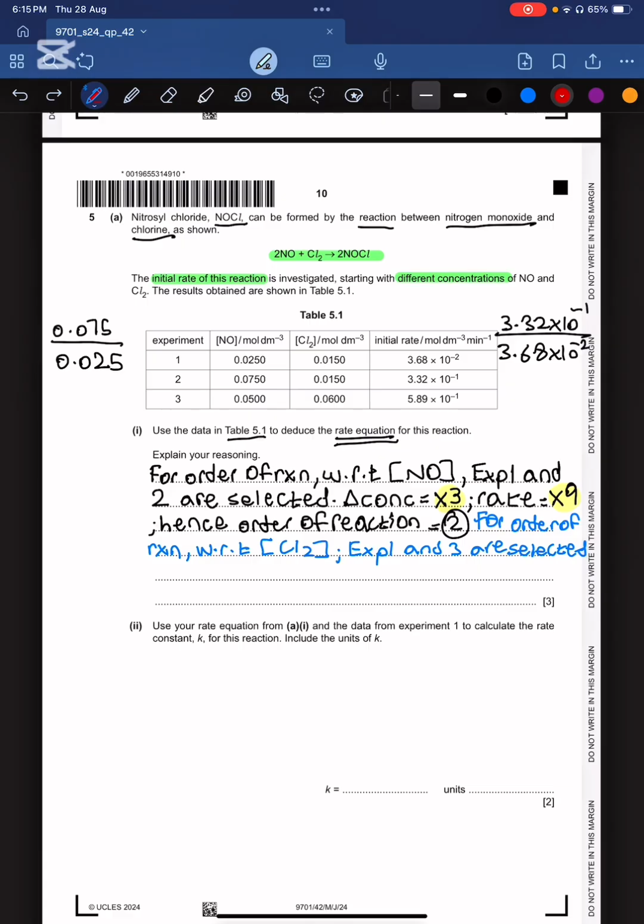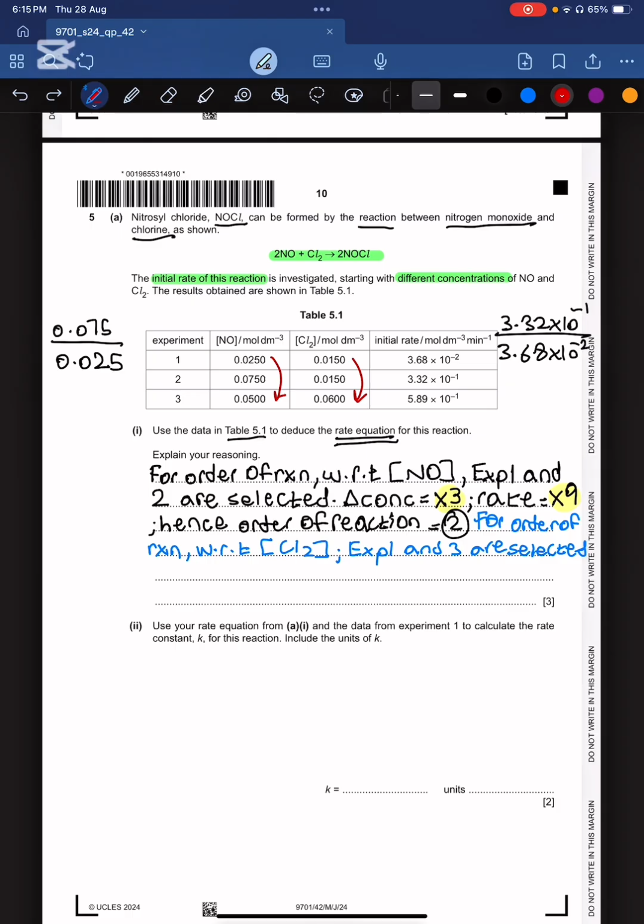Because the purpose of keeping one reactant constant while changing one reactant was to see what effect there would be on the rate of reaction because of a particular reactant. We don't have that freedom here. Both things are changing in every single experiment. As a result of which, now we need to cut down the effect of NO on the rate of reaction to find out only the effect of Cl2 on the rate of reaction.